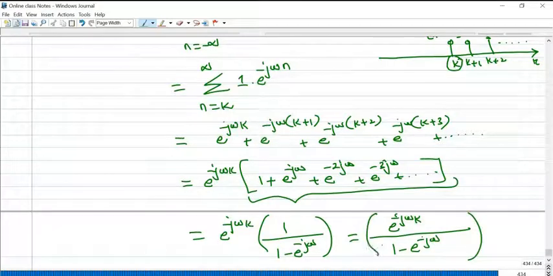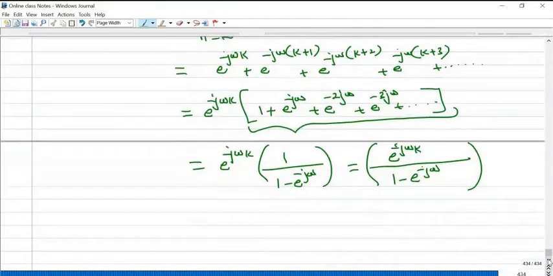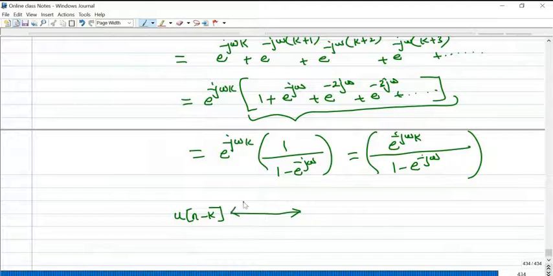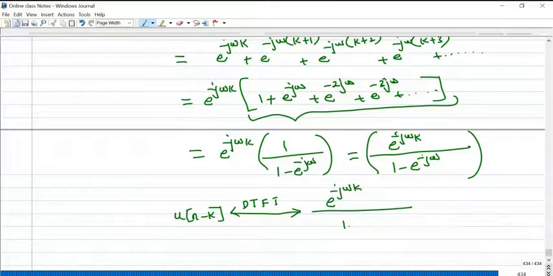So this is the DTFT of u of n minus k. Okay. So 4 formulas we have derived so far: delta n, u n, delta n minus k, u n minus k. Remember this formula. When we find the DTFT of u of n minus k, the result is e power minus j omega k divided by 1 minus e power minus j omega.